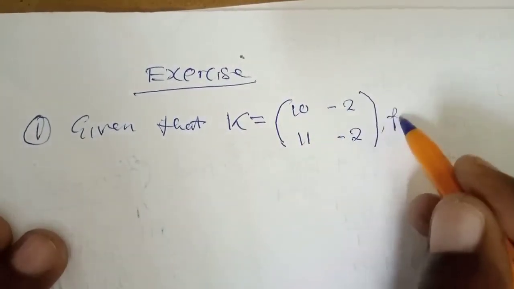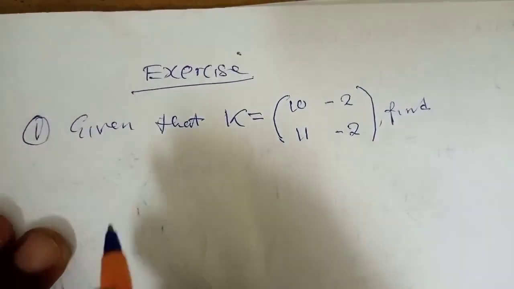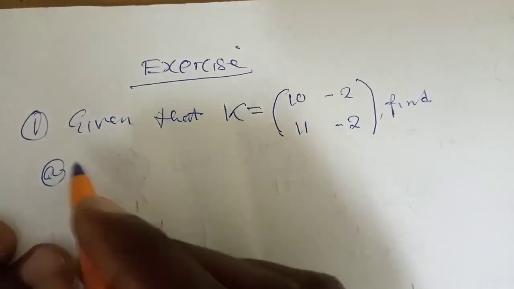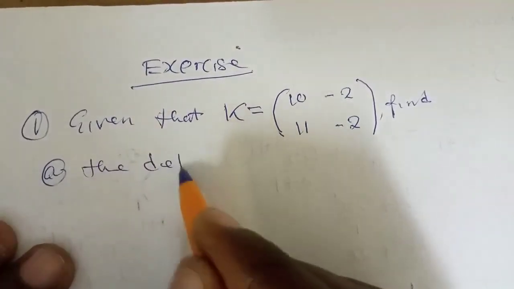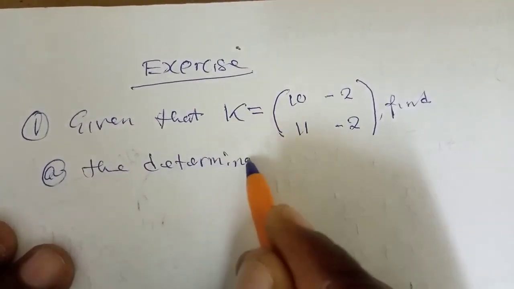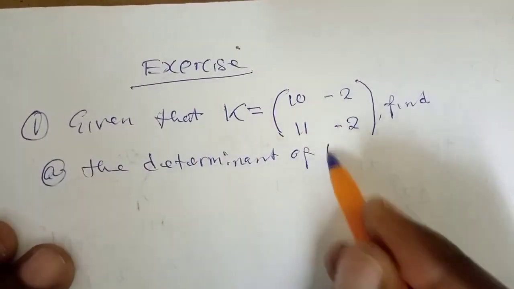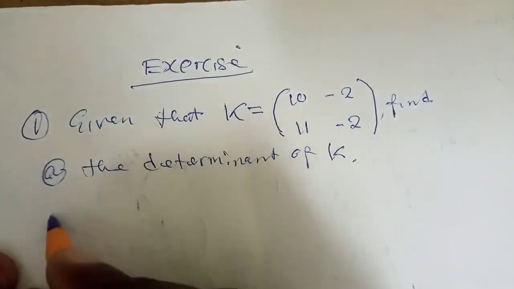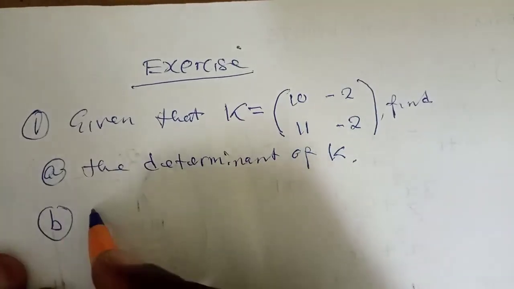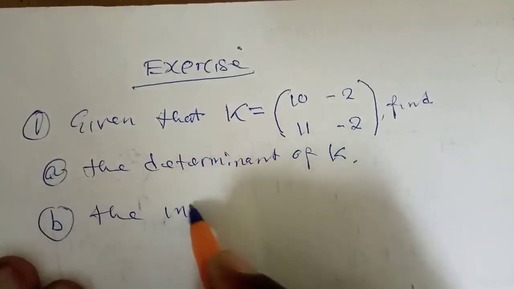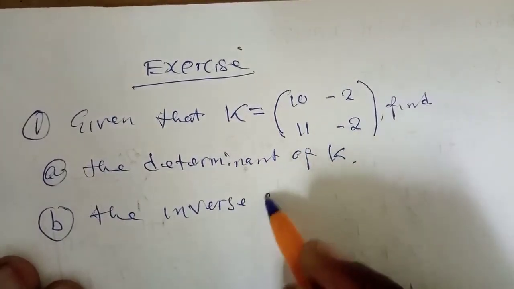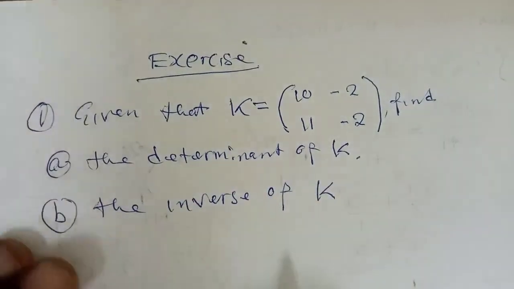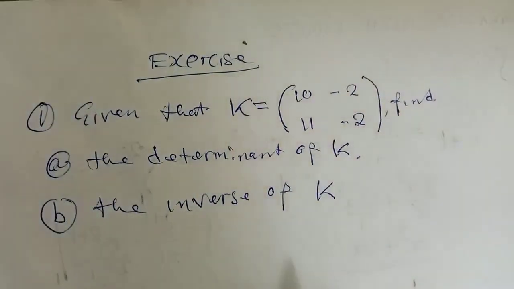Okay, so they're asking you: (a) find the determinant of K. Then (b) find the inverse of K.